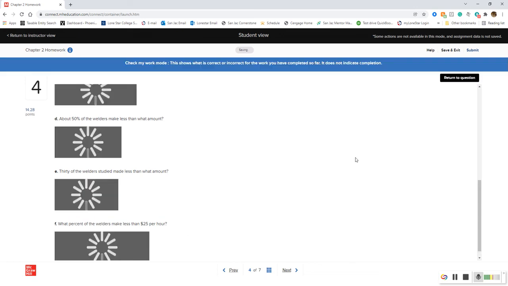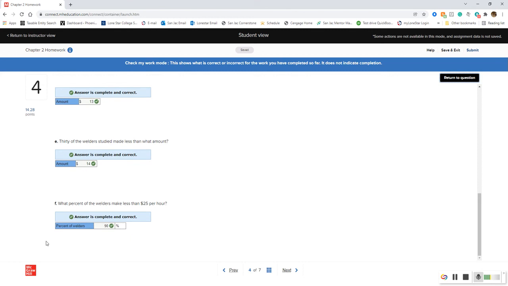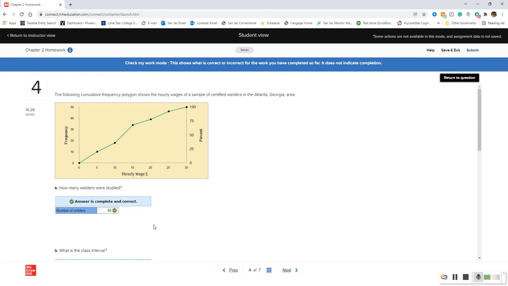Probably looking somewhere in the 90% range. And on this one, if they're going around close enough, it's okay for you. But again, all they're trying to do in problem 4 is basically seeing how well you can interpret the graph. Again, your numbers may differ from mine.